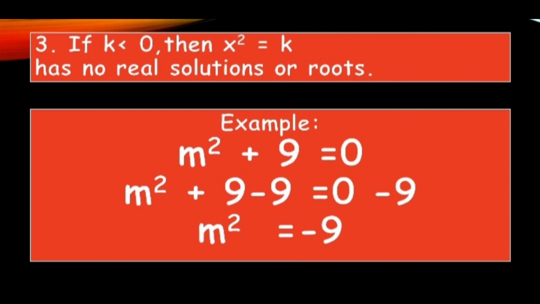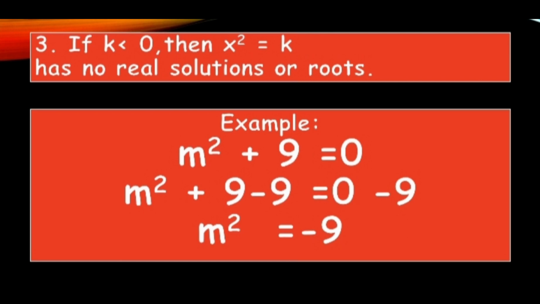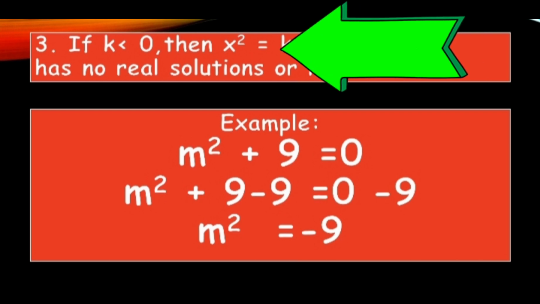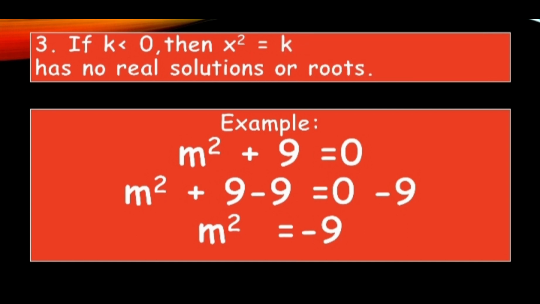So, to simplify the equation, we have m squared is equal to negative 9. So, we have in the form of x squared is equal to k. But there is a condition. Your k is less than 0. And if your k is less than 0, you have no real solution or roots.